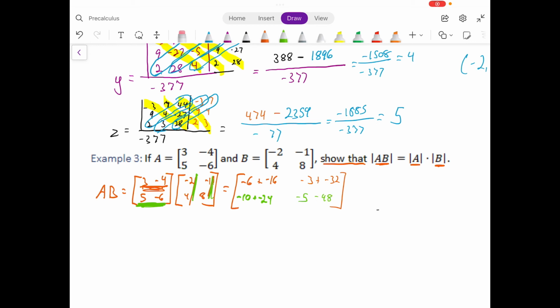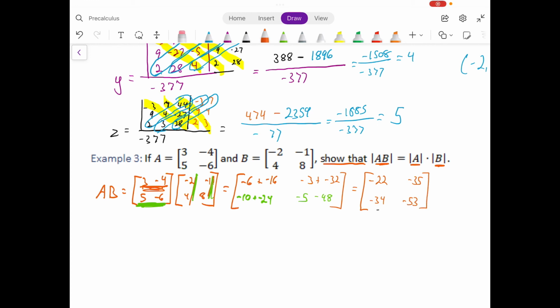And so this matrix equals negative 22, negative 35, negative 34, and negative 53.